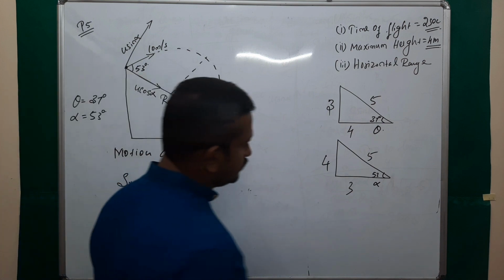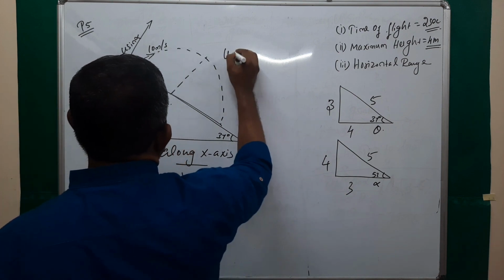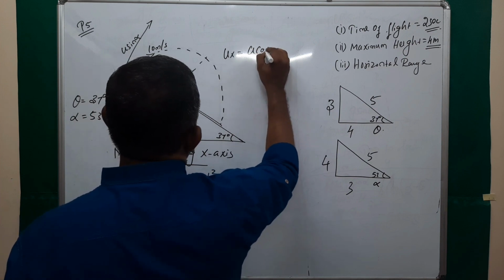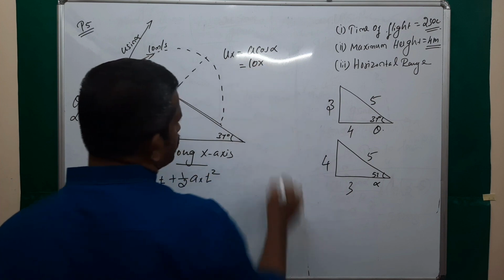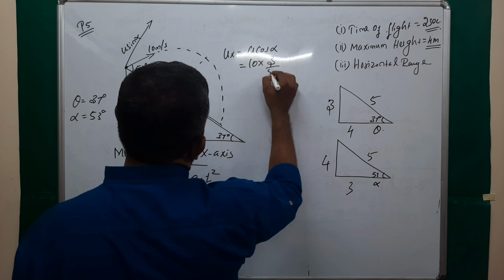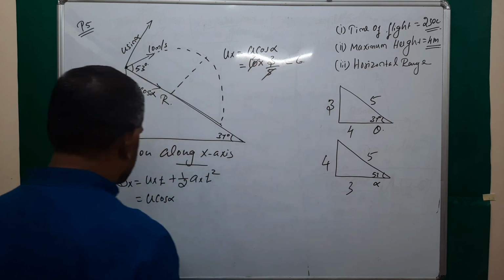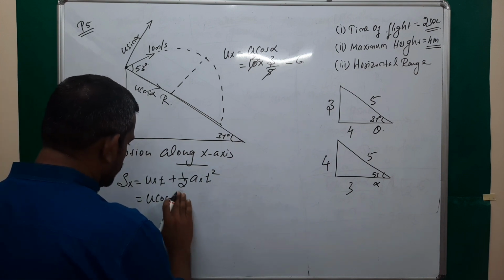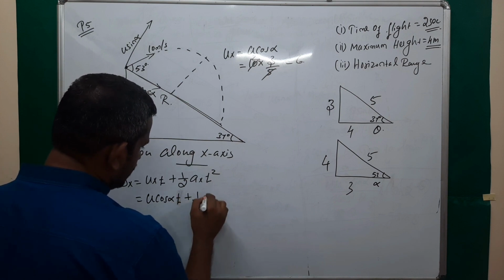Separately we can write here that ux is equal to u cos alpha. So that's equal to 10 into, what is cos alpha? That is 3 by 5. So that's equal to 6. Then u cos alpha into t plus half ax t square.